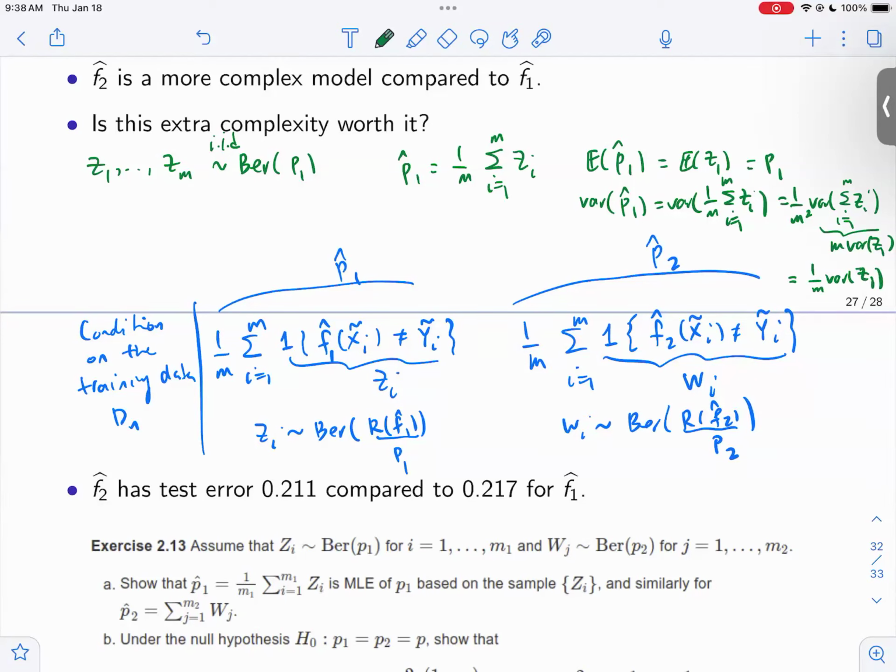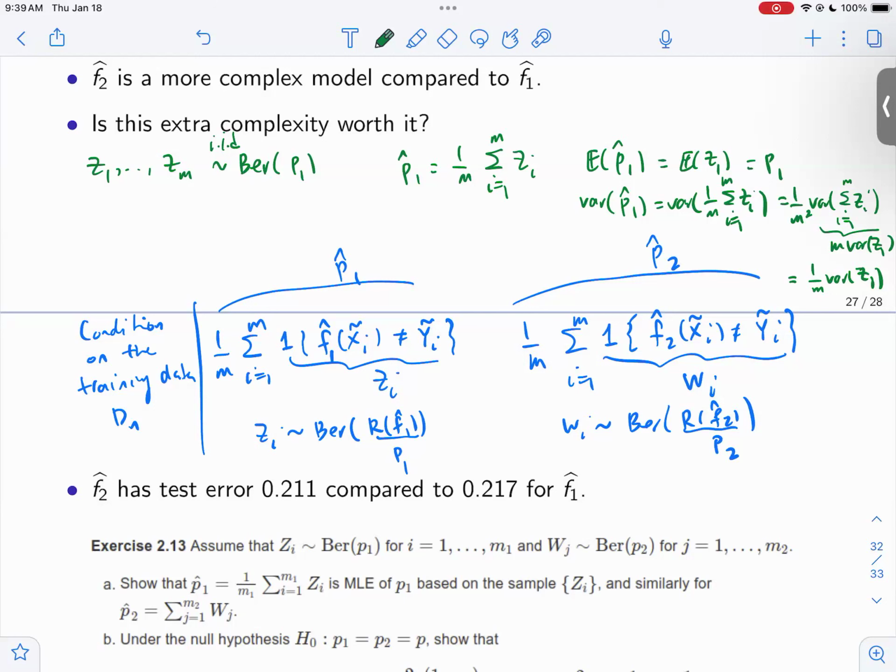So if you have an IID sample, the variance of the sample mean is 1 over m times the variance of one of them. The mean is P1, but the variance goes down by 1 over m. The entire statistics is built on the fact that the variance of the sample mean goes down, so you get a better, more accurate estimate.